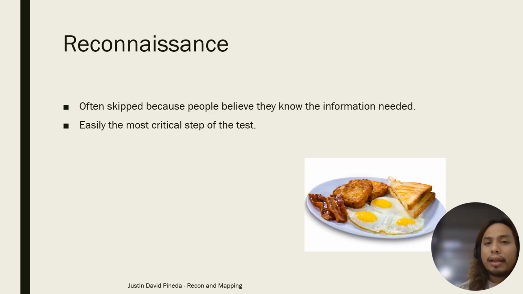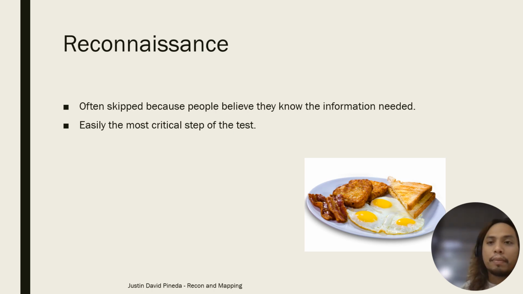For the recon, just like in any ethical hacking methodology, the first step would be to conduct reconnaissance: to research your target, identify the technologies that are used, the history, and other publicly available information about your target.